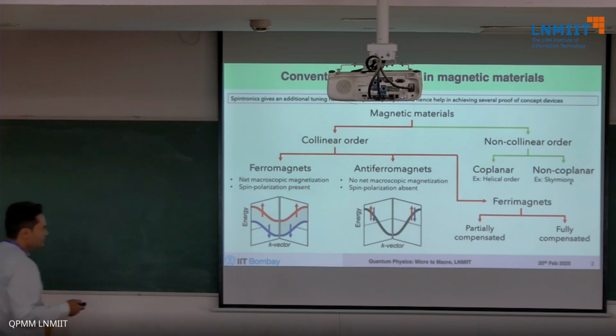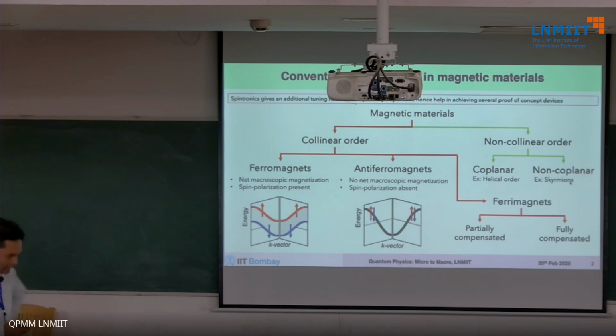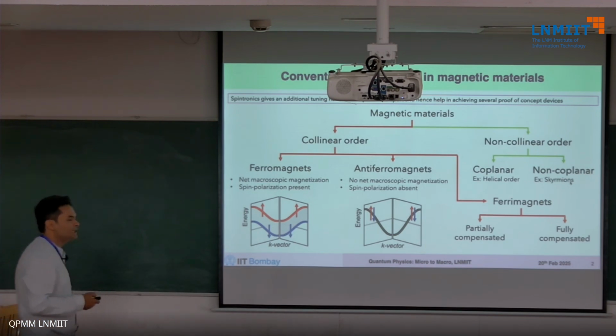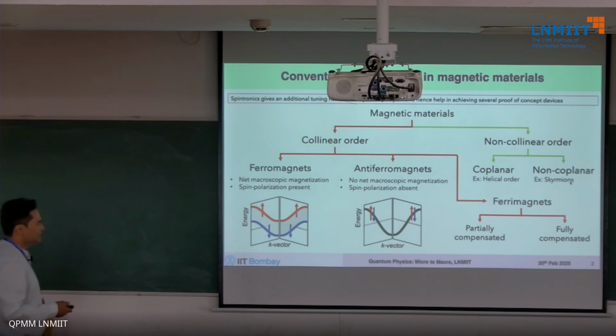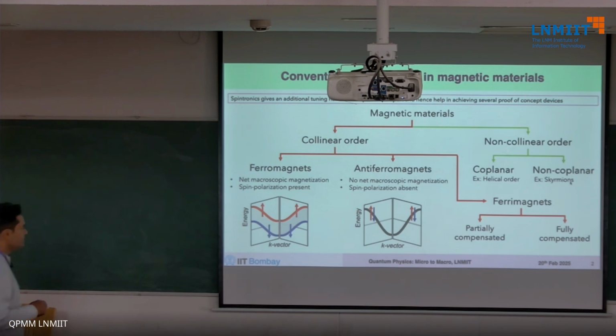Some of these do not have very well documented theories, but there are experimental signatures which help identify what these properties are. Ferrimagnets again are another class of collinear order, which can be any of these two types. So these are all conventional magnetism.